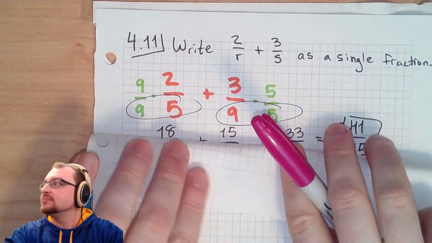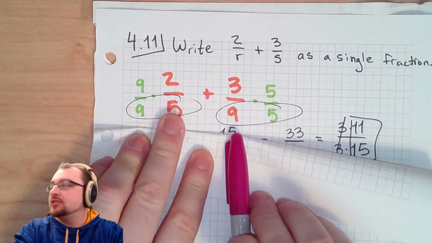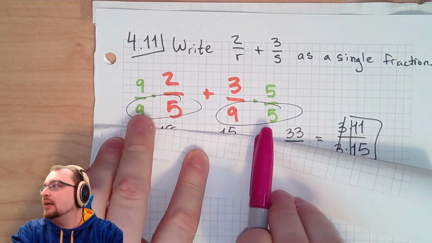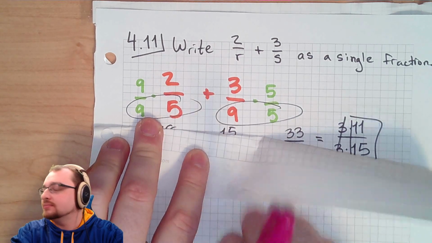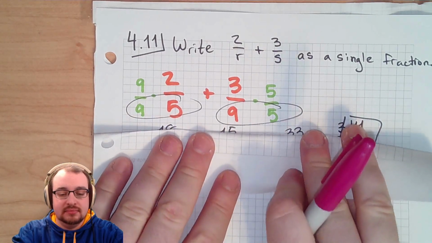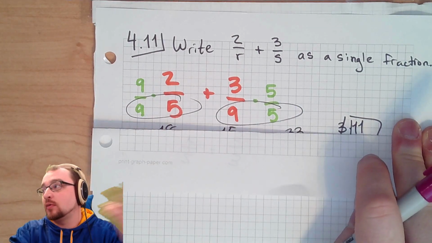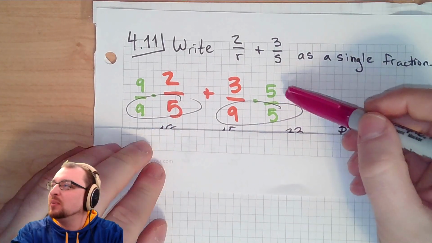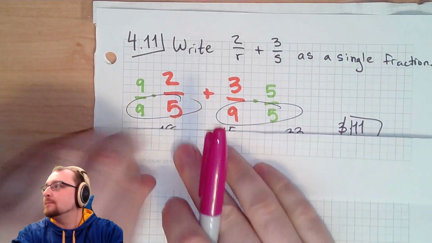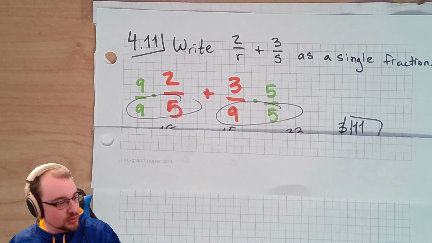Well, let's take a look. Here, when I had 2/5 plus 3/9, how did I get common denominators here? What did I do? Multiply by 1. Mm-hmm. And there's lots of ways to multiply by 1, right? 2 over 2, 3 over 3, 4 over 4, 5 over 5. How did I know to multiply by 5 over 5 and 9 over 9? Where'd those numbers come from?